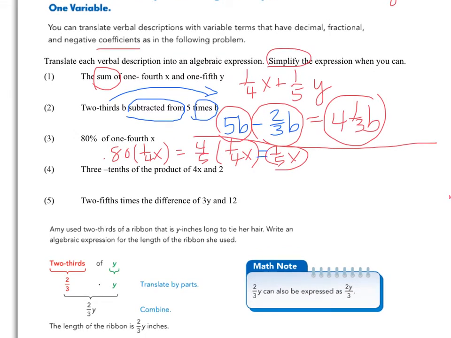All right, so for the next one, 3/10 of the product of 4x and 2. So 3/10 of means multiply. The product means multiplication also.